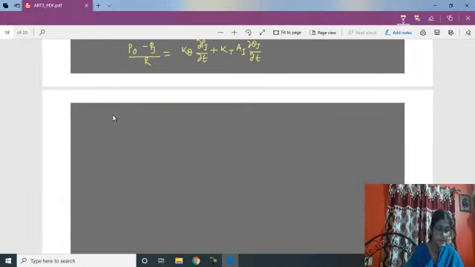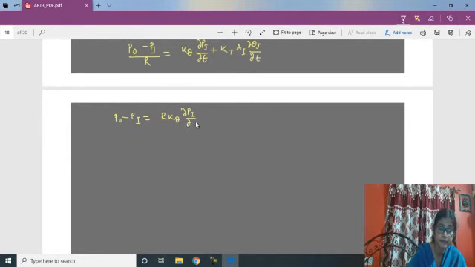So P0 minus Pi is equal to R kθ del Pi del t plus R kT Ai del θI del t.